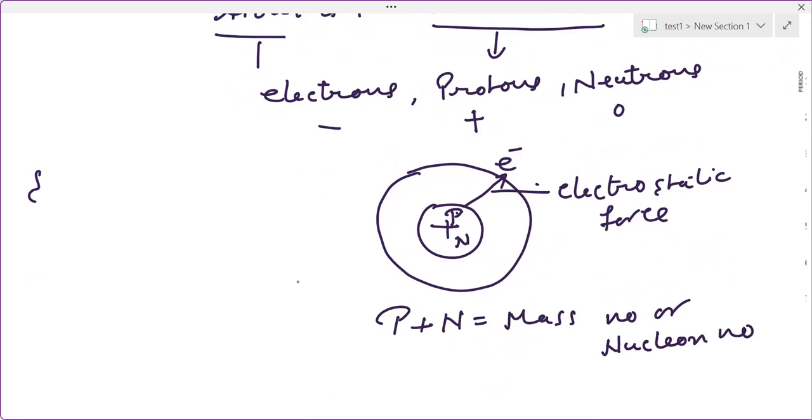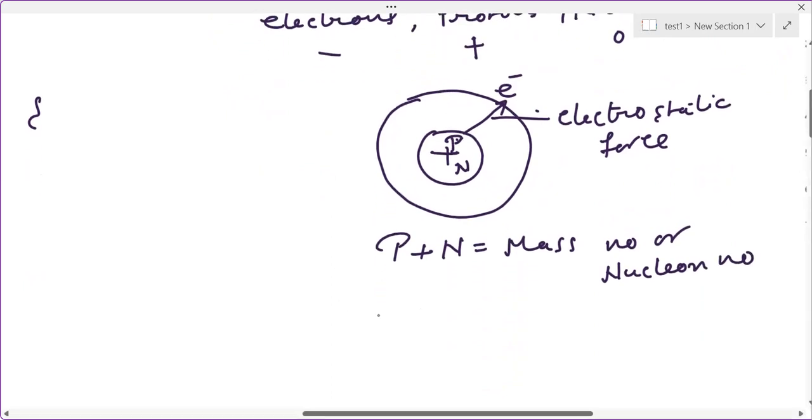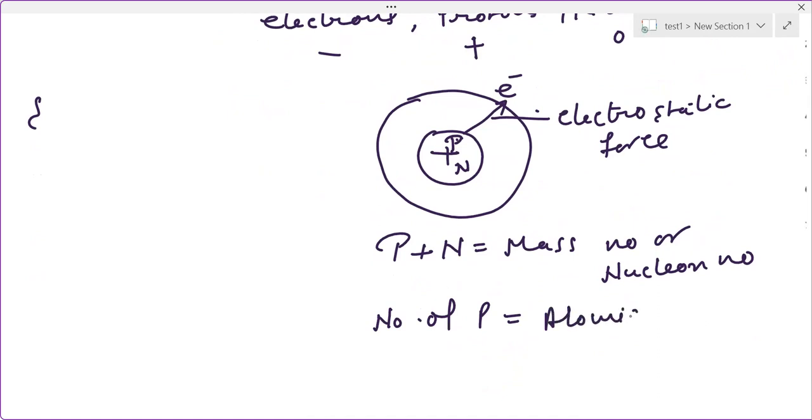Okay. And the number of protons is equal to the atomic number, right?